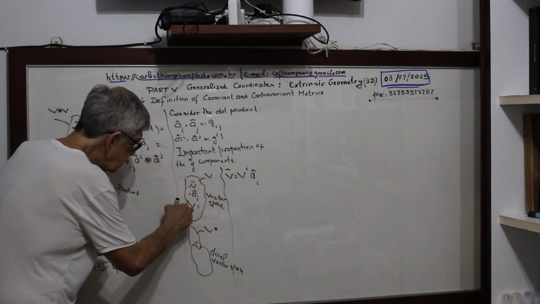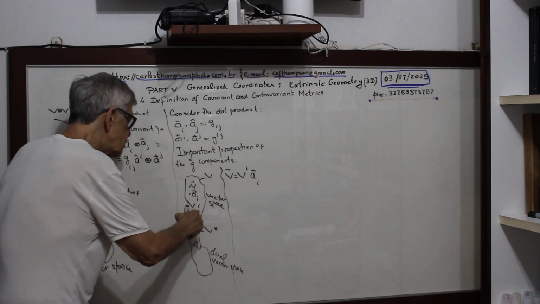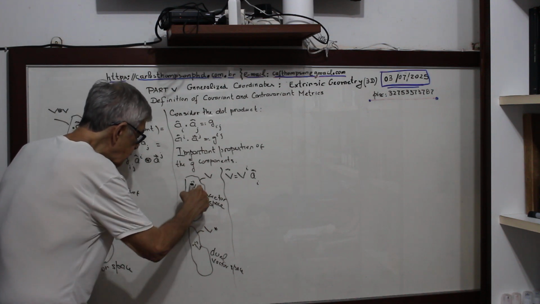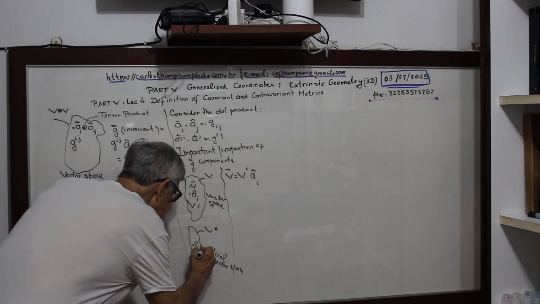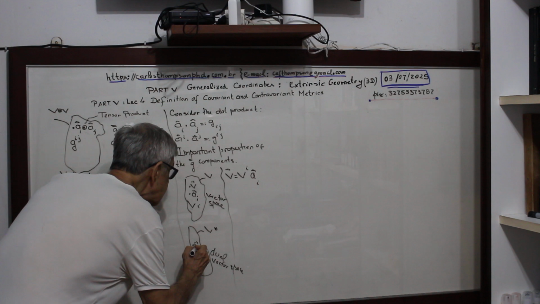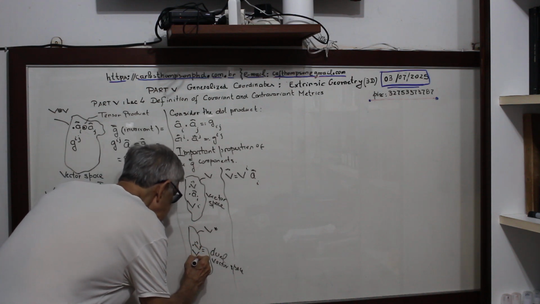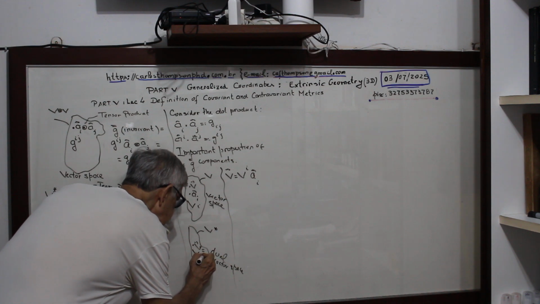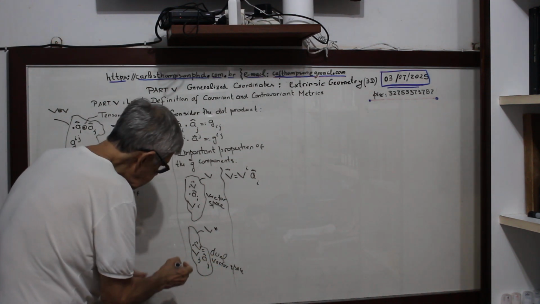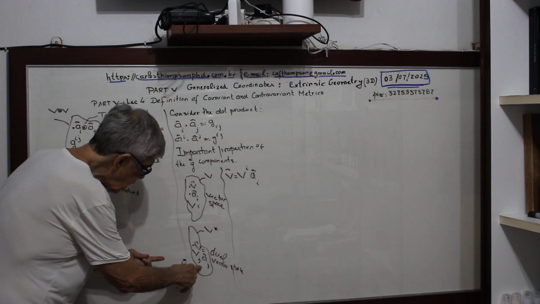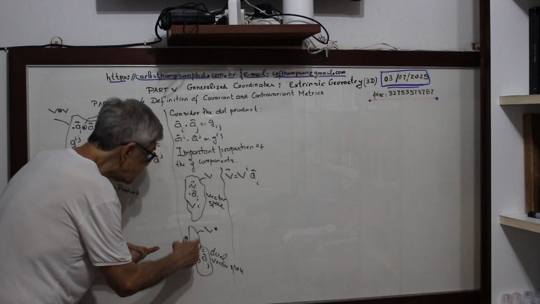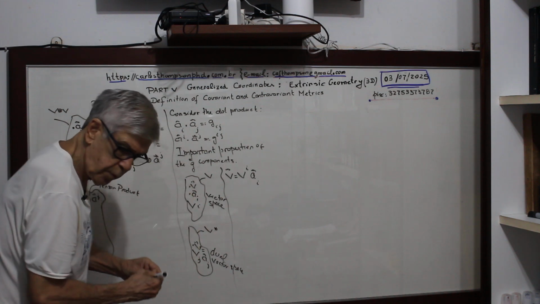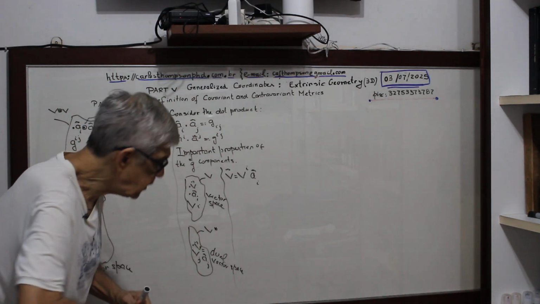Now, these are, in this case, contravariant components of the vector v. The same vector v, I can write as, for instance, v_j a^j. You see? These are the components of the vector v, the same vector v. I'll put it in red here.